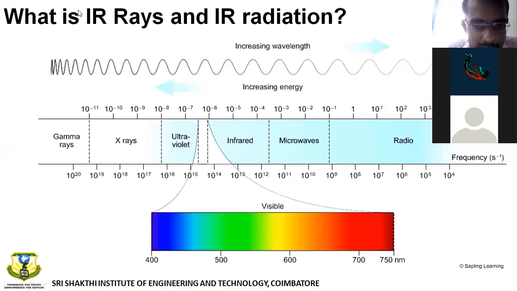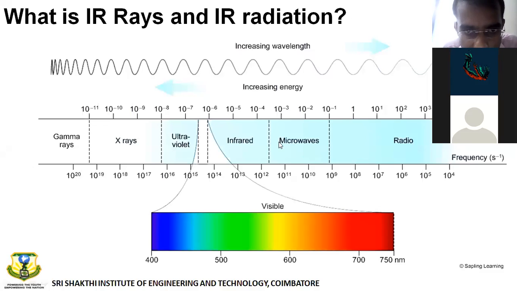So you can see that when the frequency is low, you call it ultra low frequency. Then comes radio frequency, then microwave frequency. Microwave comes in gigahertz, which we make use of in cell phones and so on. After microwaves comes infrared radiation.